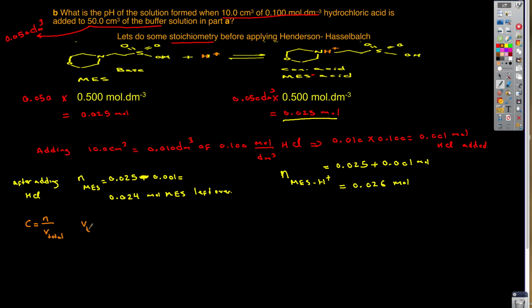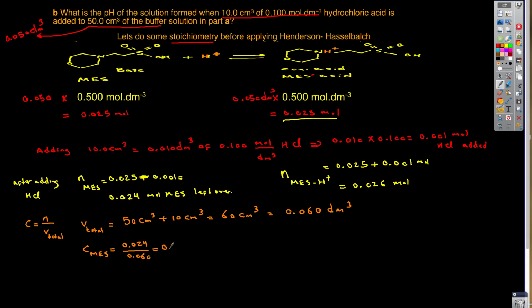What is the total volume? You took 50 centimeter cube of buffer, you added 10 centimeter cube of HCl, so the total is 60 centimeter cube, or 0.060 decimeter cube. So now concentration of MES after HCl was added to it is equal to 0.024 divided by 0.060.